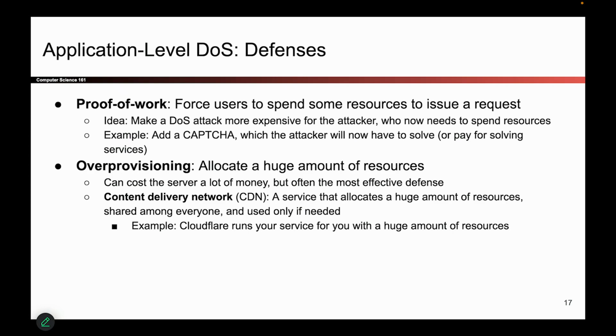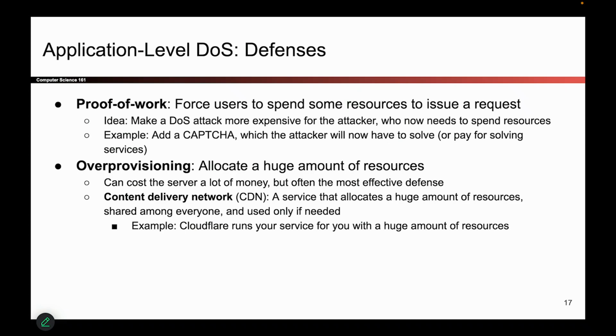If you want more resources to stop denial of service attacks, it can cost you money, but if you have a lot of resources, you can make it very hard for attackers to overwhelm your service. And there's actually services out there that over-provision for you. So there is something out there called a content delivery network, and I think of it like an insurance scheme.